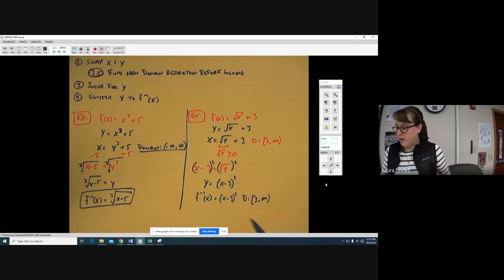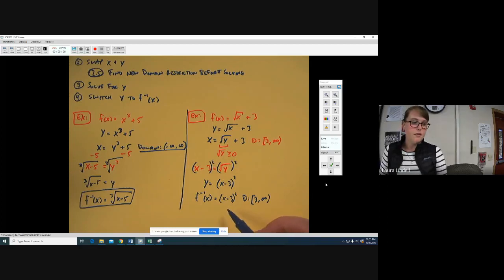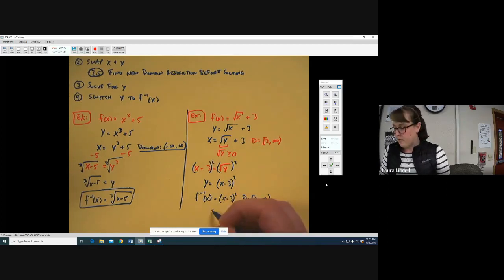Now we might be going, okay, why do I need to restrict the domain here? This doesn't have any domain restrictions. I can plug in anything for x and square it. You know, that's fine to do. Would you simplify this? You could. If we're talking inverses, you can leave it if you would like to. I'm okay with you leaving it like this. Or you can simplify, a good point.